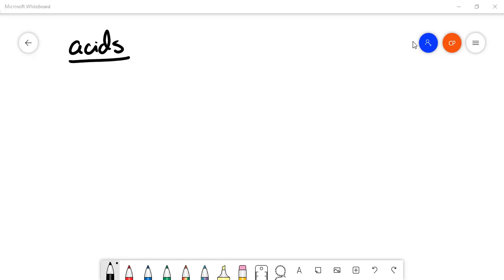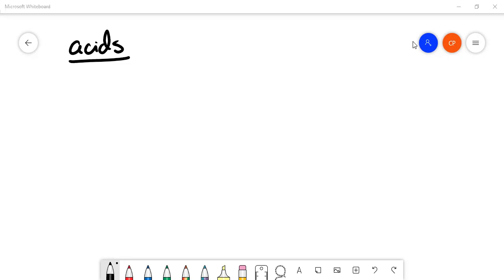Okay? So let's header this acids and let us, both on the Zoom and in person, brainstorm together and name the acids that we know that we've encountered one place or another.